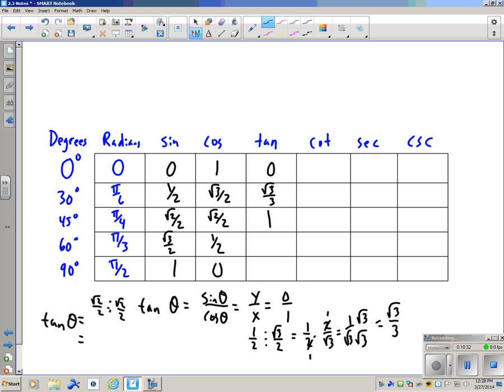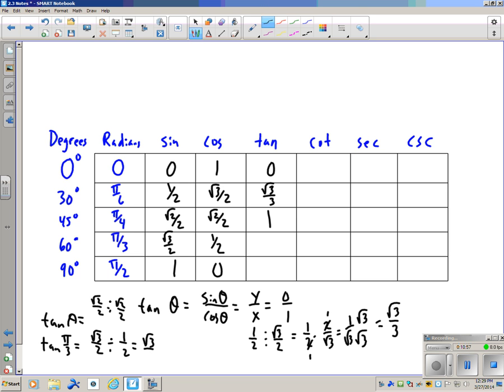And then 60 degrees, I'm doing the tangent of that one. Tangent pi over 3 is equal to sine divided by cosine.